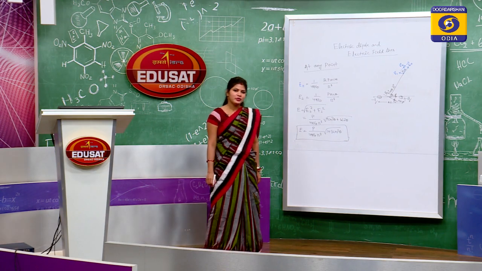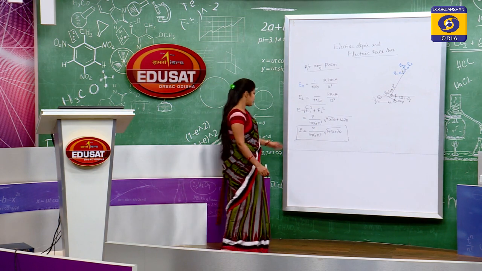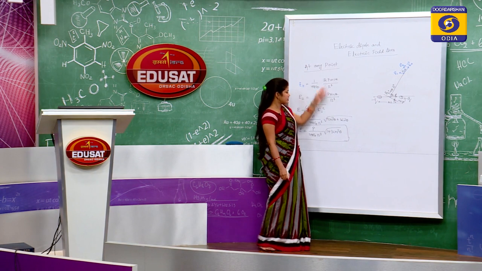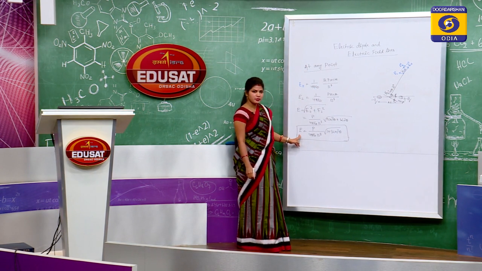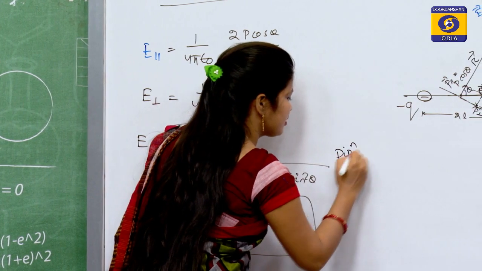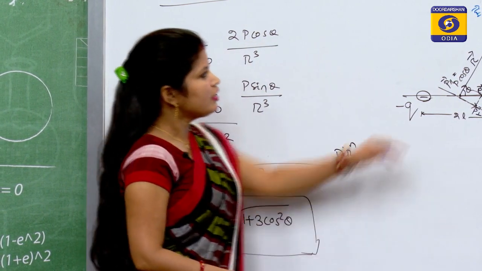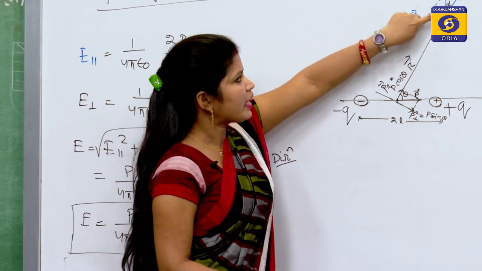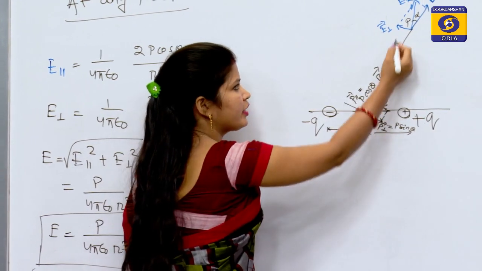Students, we found the magnitude of the electric field intensity of an electric dipole at any point. This is the magnitude expression, and now we will find the direction. The resultant electric field intensity makes an angle alpha with the r vector.